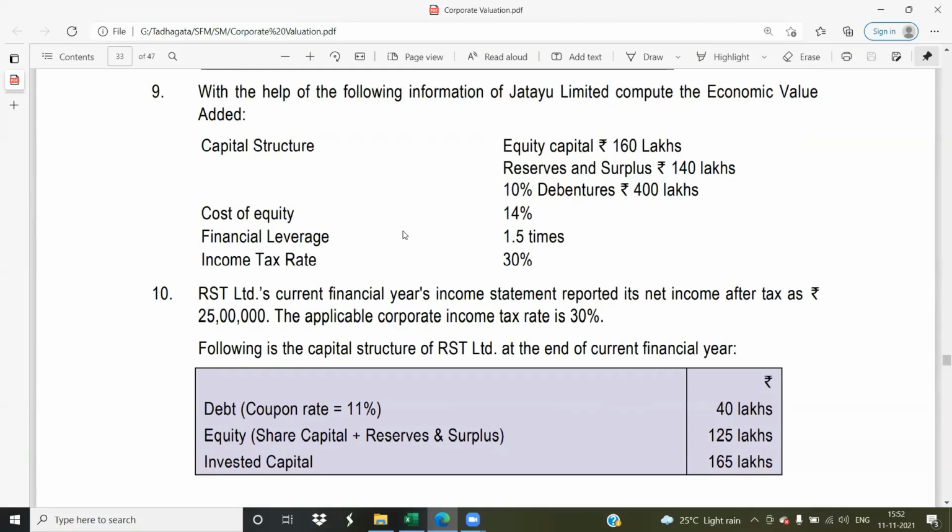What is financial leverage? It is EBIT by EBT. So income tax rate comes to 30% as given in the question. Okay, so we'll solve this problem.